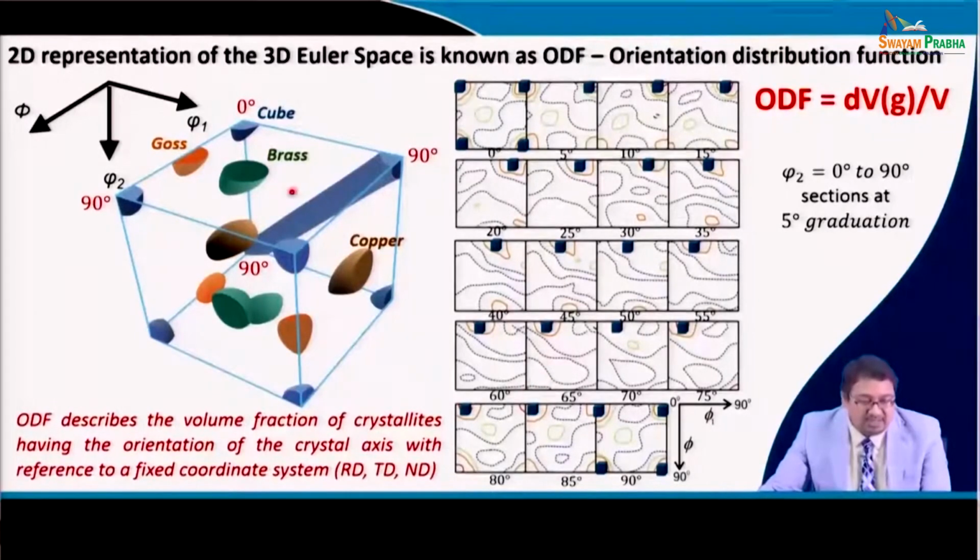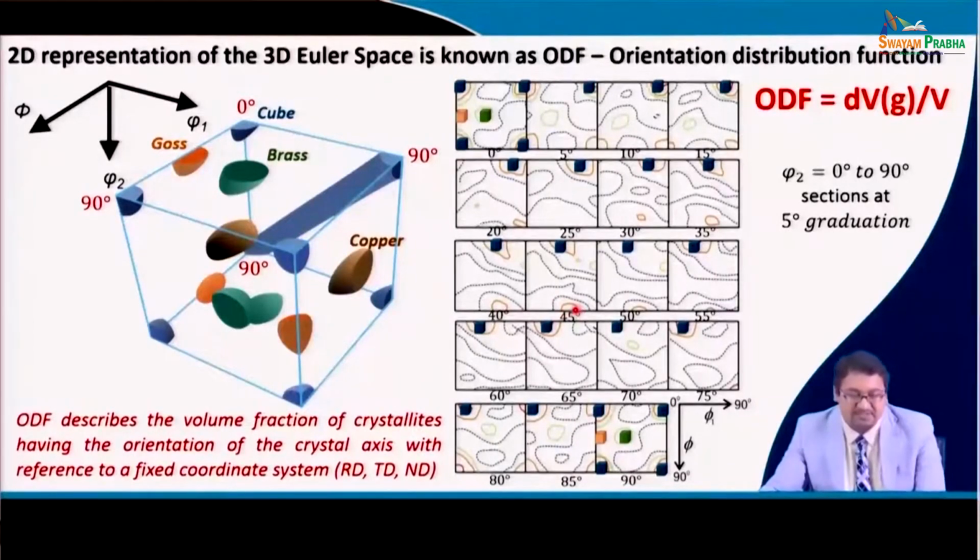Now, on the other hand, you see Goss texture can be observed at phi 2 equal to 0 and phi 2 equal to 90 degree sections, and then you see brass texture can be observed at phi 2 equal to 0 and 90 degree sections, and it is also present here, which I have not shown, right. These are the brass texture, right.